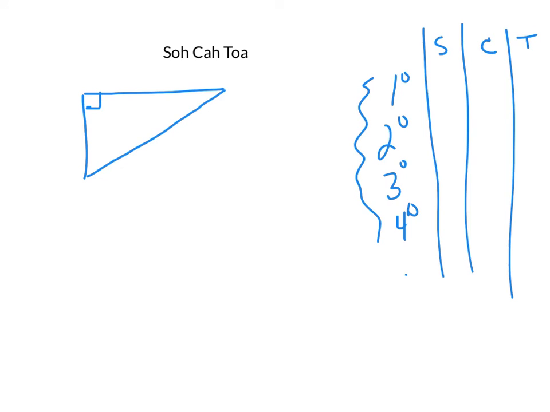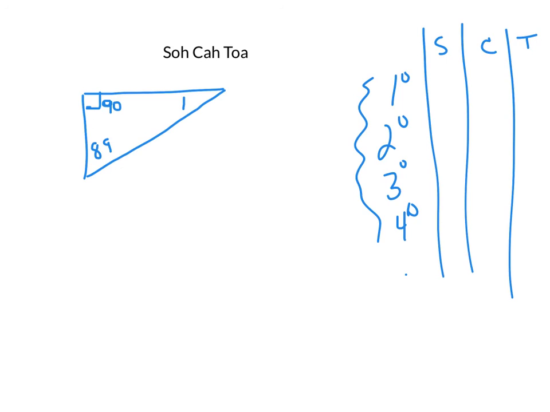All of the trig chart is based on 90-degree angles, a right triangle rather. Perhaps this here is 1 degree. That means that this has to be 89 degrees because the angles of a triangle have to add up to 180. This one here, anytime you have a right triangle, is 90 degrees.